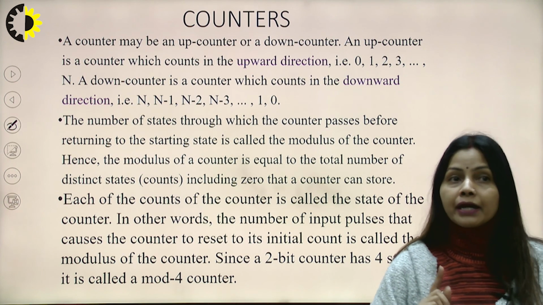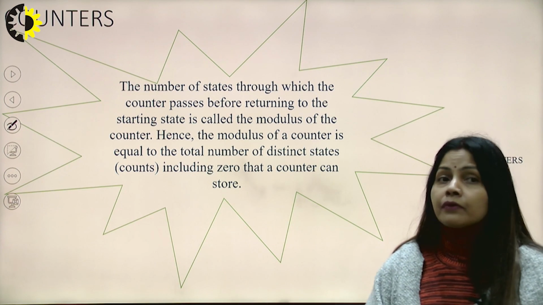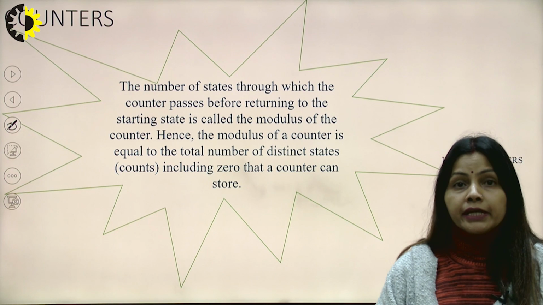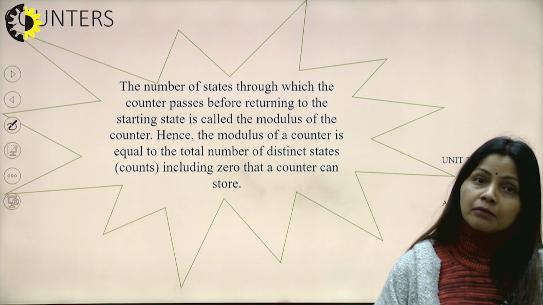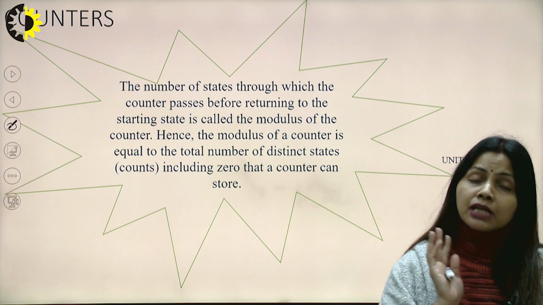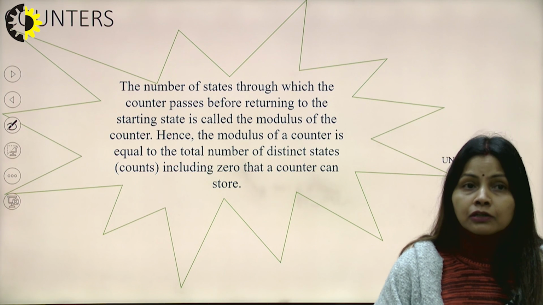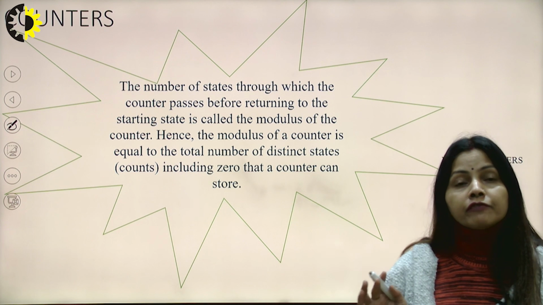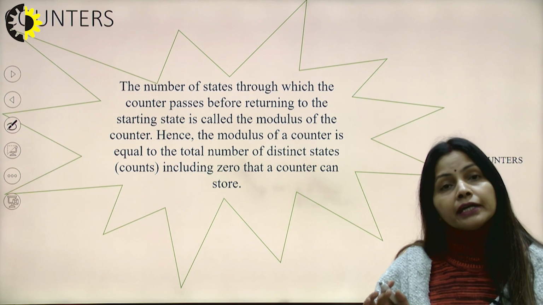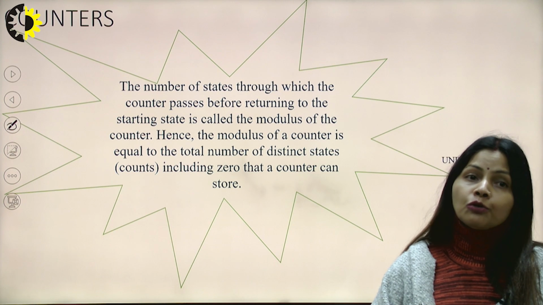So the next part is the modulo of the counter. The number of states through which the counter passes before returning to the starting state is called the modulus of the counter. That means if I need to design a 0 0, 0 1, 1 0, 1 1 counter, then there are 4 states and the modulo of the counter will be equal to 4.